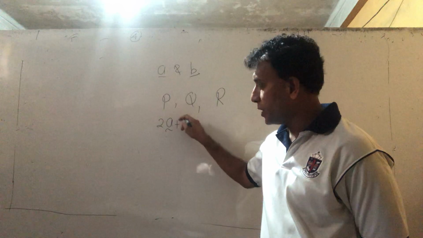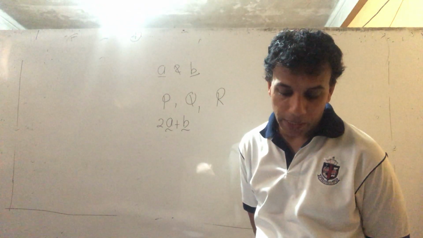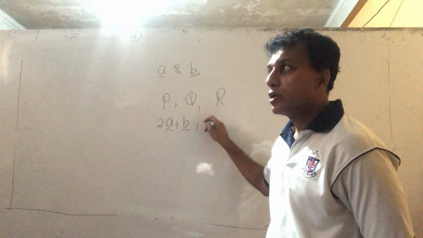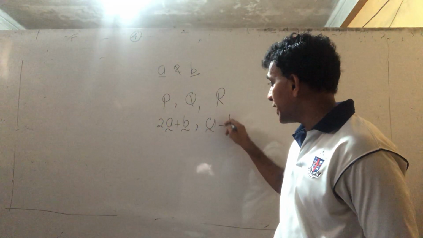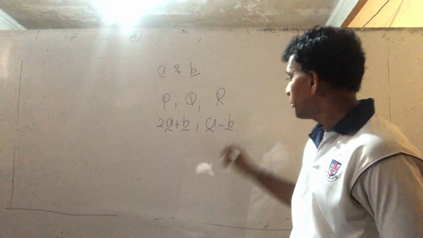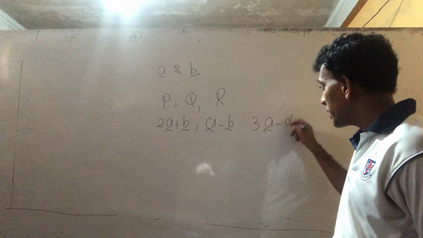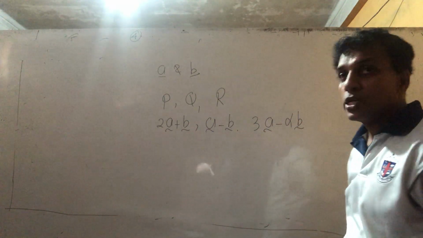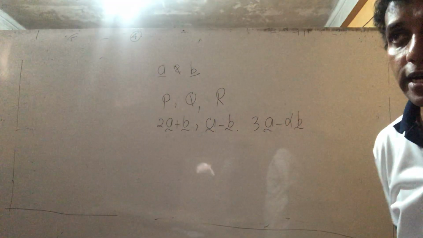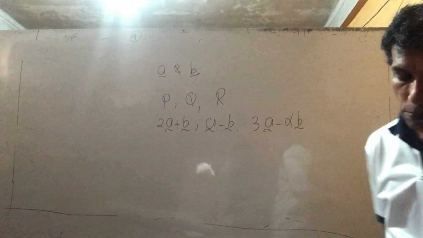2 vector A plus vector B, vector A minus vector B, and 3 vector A minus alpha times vector B, respectively.